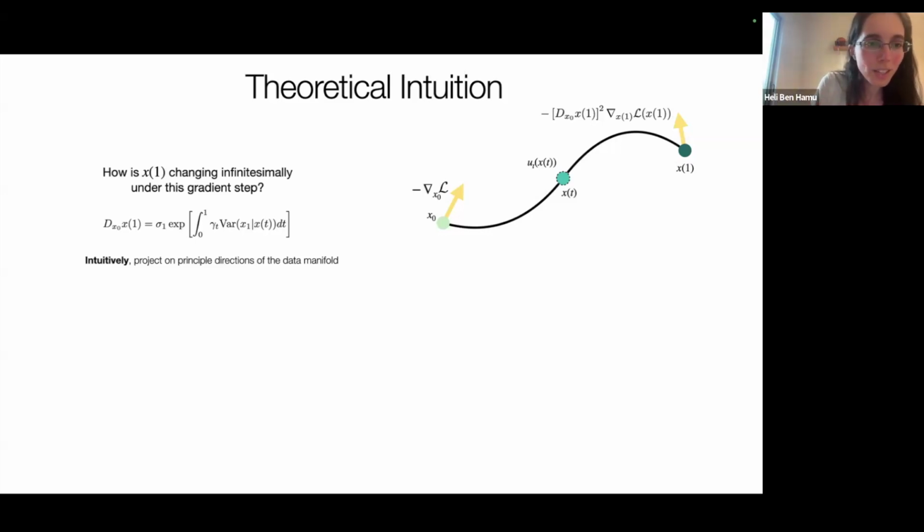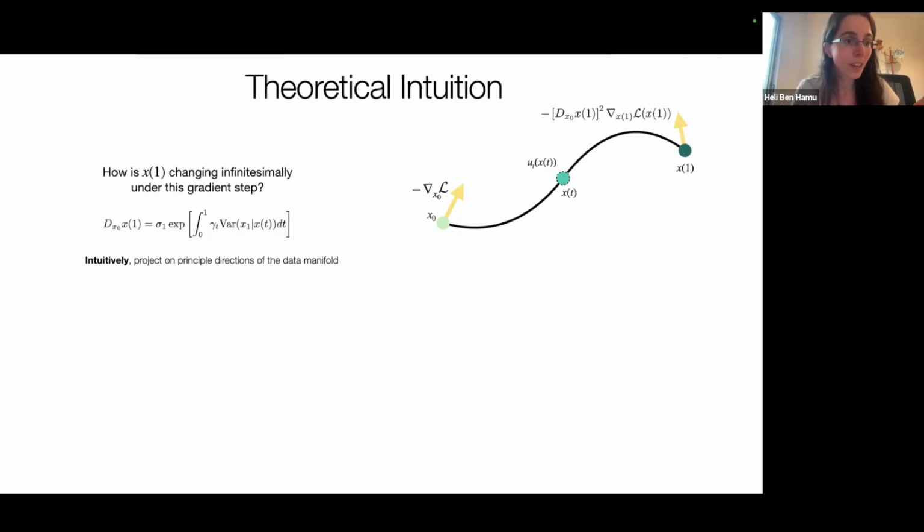Now, this random variable, x1 given xt, has as its expectation the denoiser function, the denoiser that we also learn in diffusion. But the variance of this random variable behaves so that at time 0, it is the variance of the data.